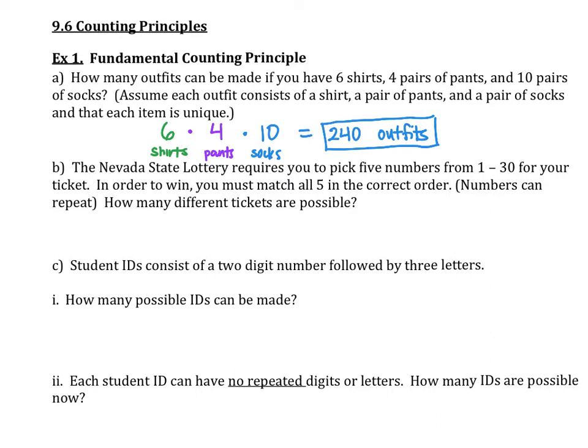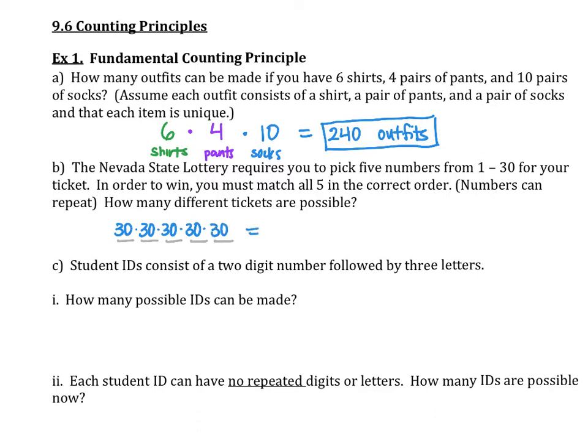In the lottery, I have to pick 5 numbers, so I'm just going to leave 5 blank spots and consider them. If I think of it like the outfits, for my first number, I could have anything between 1 and 30, so there's 30 possibilities for the first spot. For the next one, again 30, 30, 30, 30.